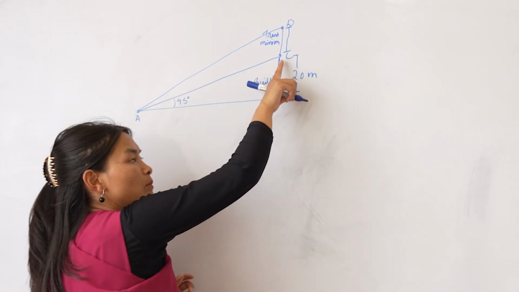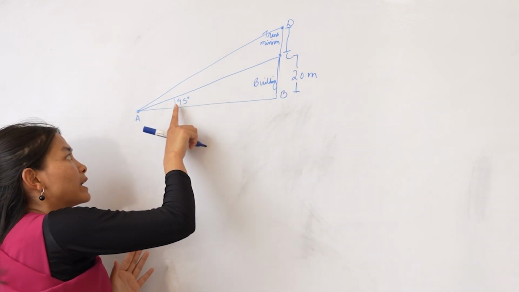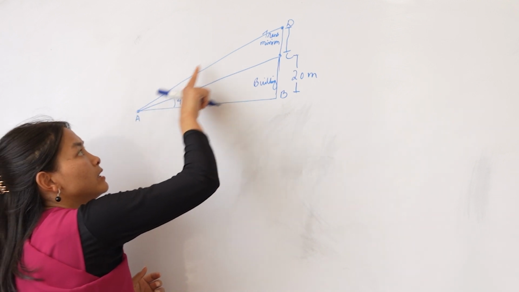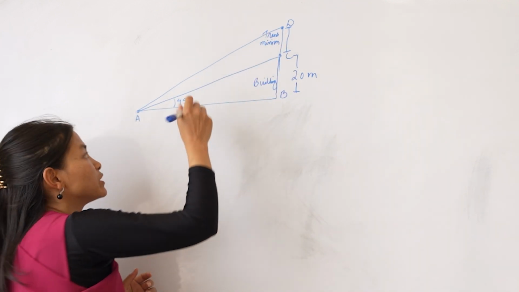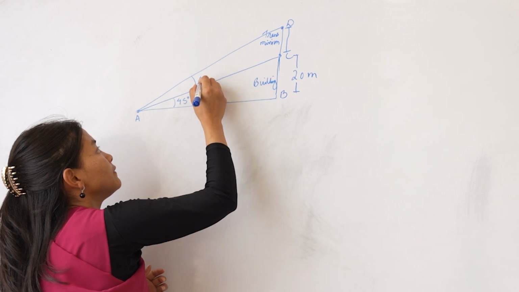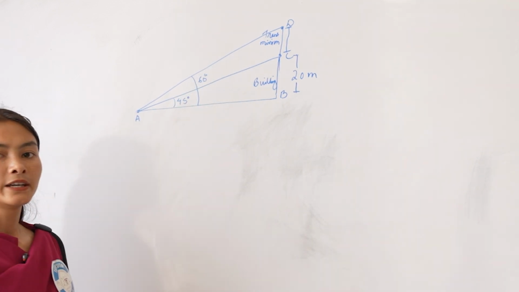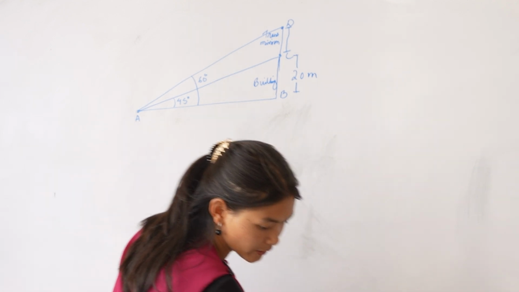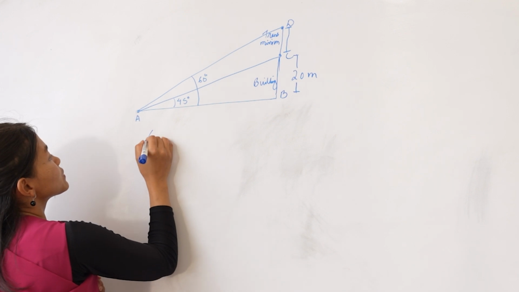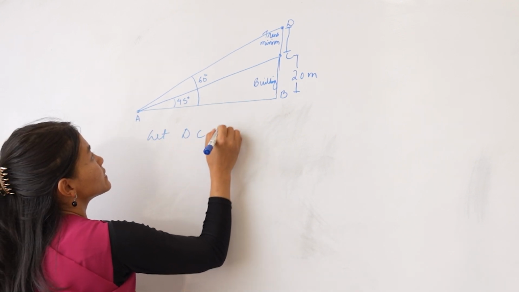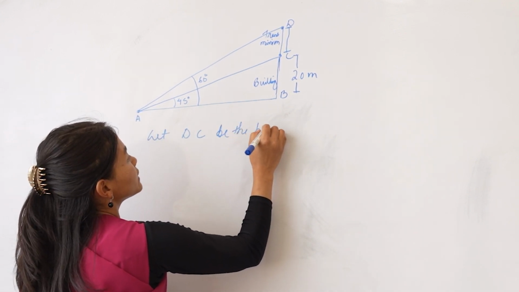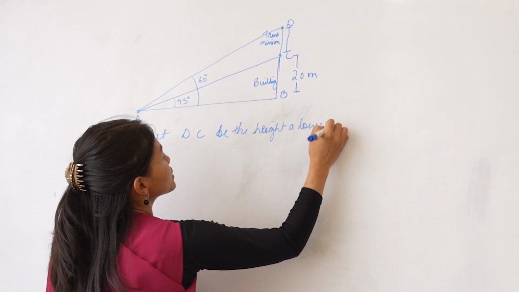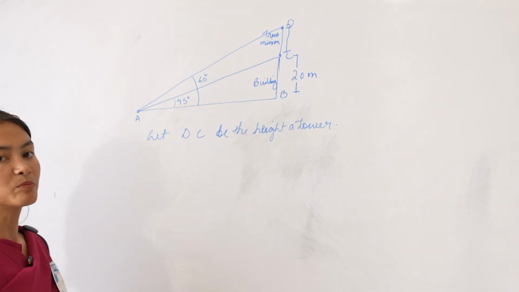When I look at the bottom of the transmission tower, I make an angle 45 degree. But when I look at the top of the transmission tower, I make an angle of 60 degree. We have to find the height of the tower. So let DC be the height of the tower, the transmission tower.